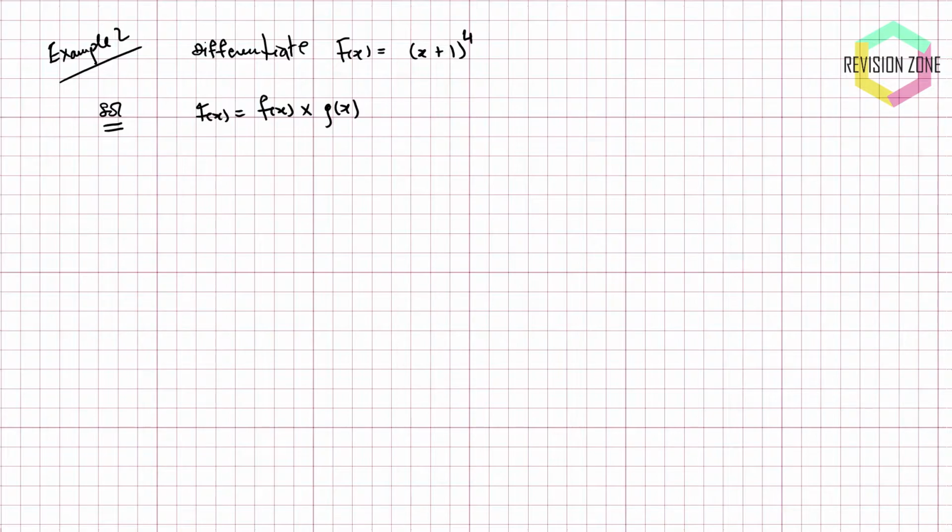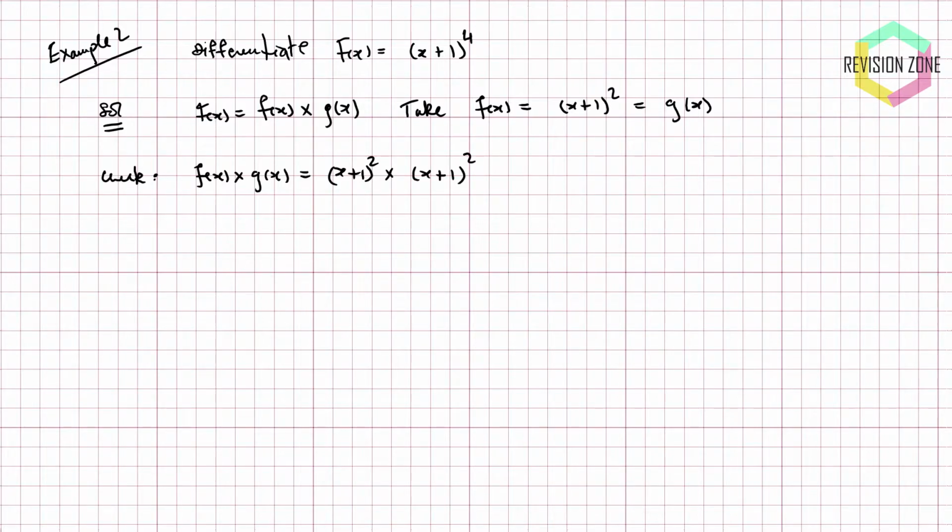So in this case, to make life easy, we can take f of x to be, say, x plus 1 to the power 2, and let's take that to be g of x as well. As a check, when we multiply them, f of x times g of x, we end up with x plus 1 squared, because that's what f is, but g is exactly the same thing.